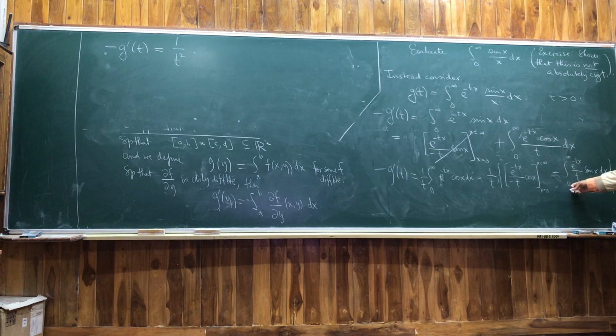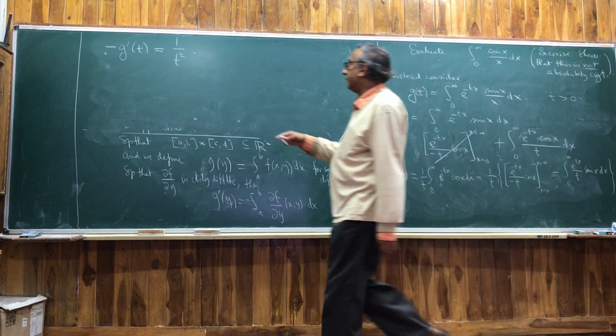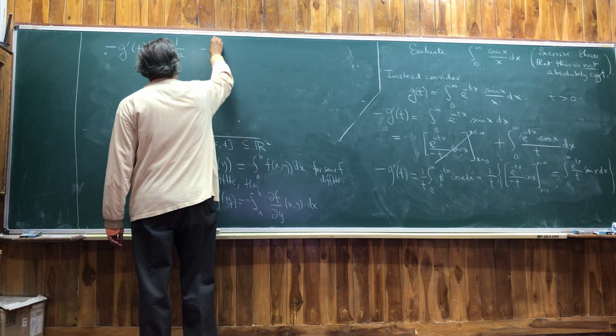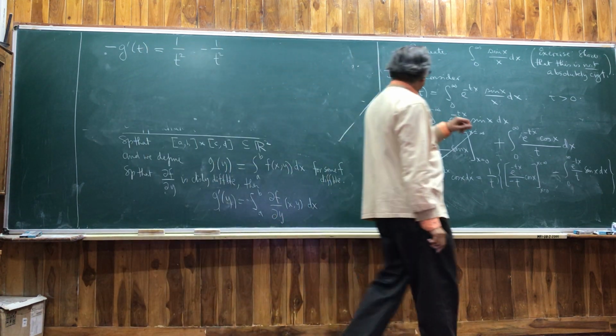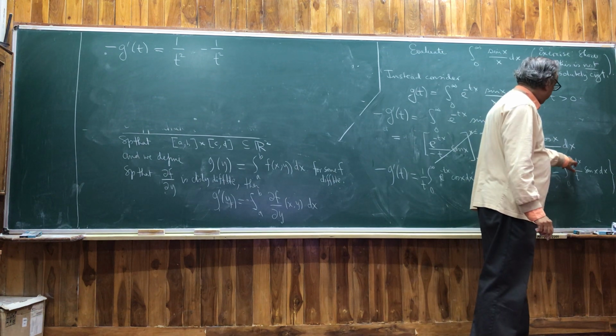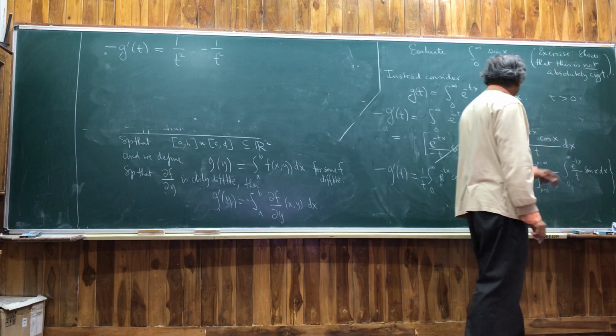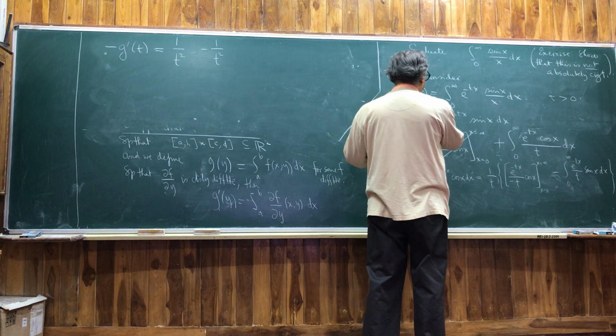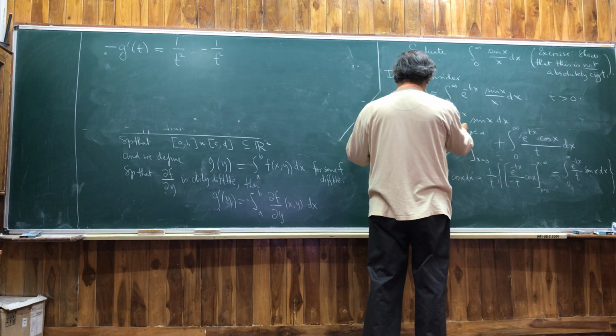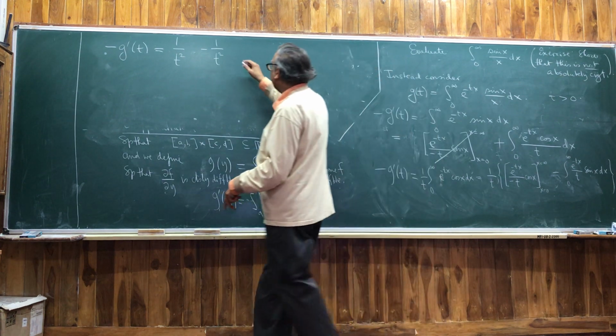And then here we have the 1 over t, so it's a minus 1 over t squared times the integral from 0 to infinity of e to the minus tx sine x dx. And we said the integral from 0 to infinity of e to the minus tx sine x dx is minus g prime of t.